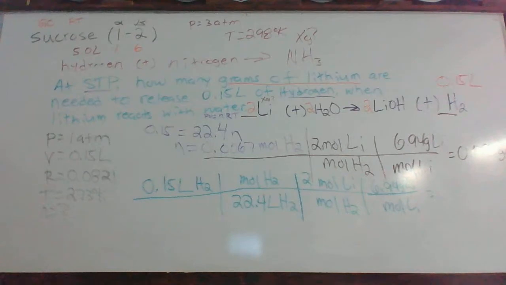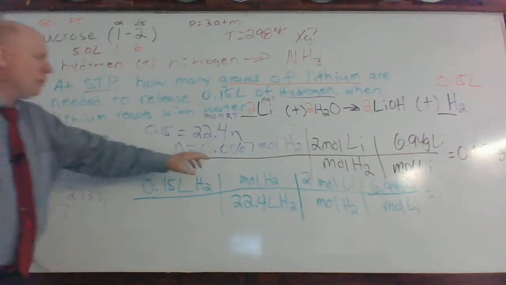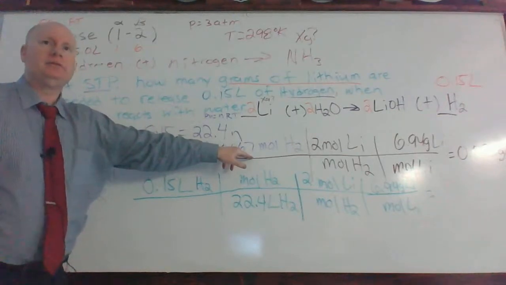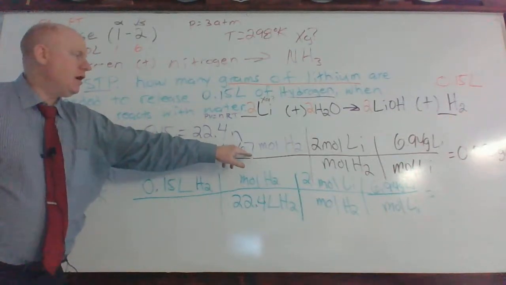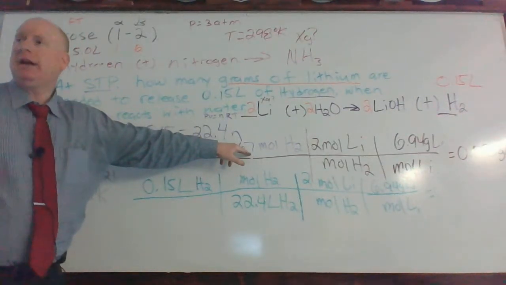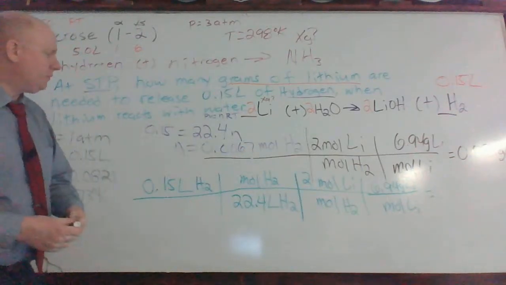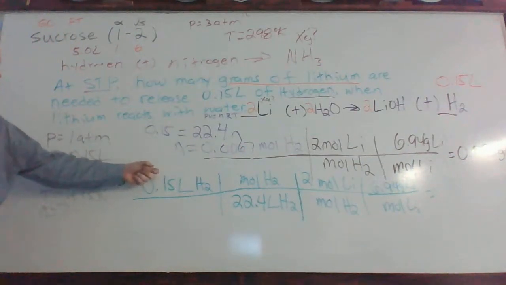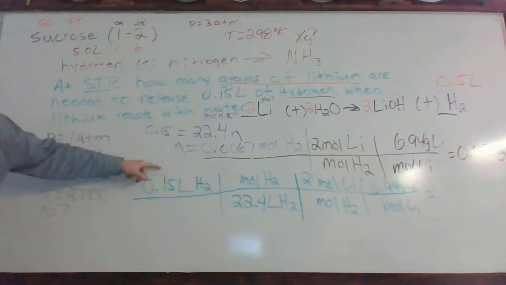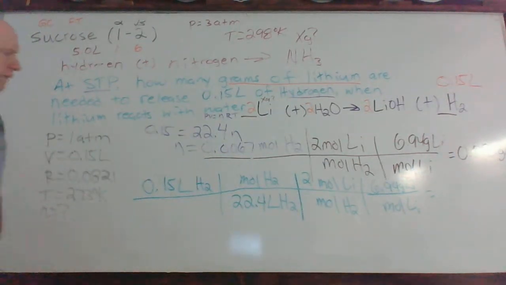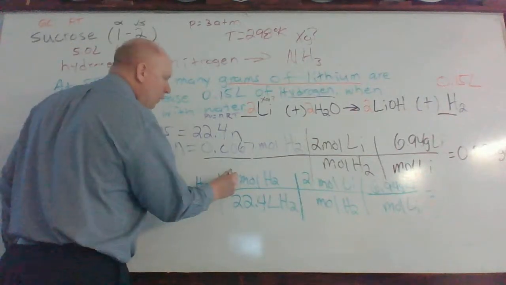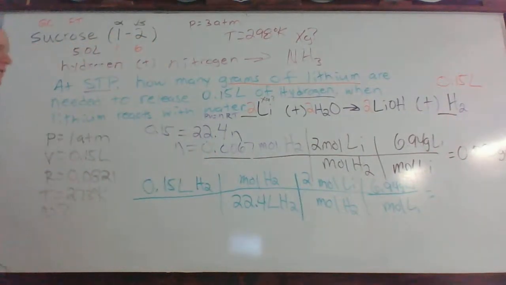So if you're utilizing the ideal gas law portion, you have to find the number of moles first. That's if you're an ideal gas law person. But if you're a dimensional analysis person, you can go ahead and jump right into the problem and convert the number of liters by taking the presumption of for every 22.4 liters, you get a mole of that gas.